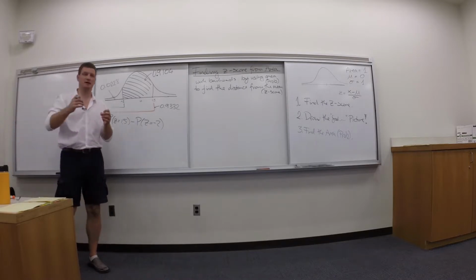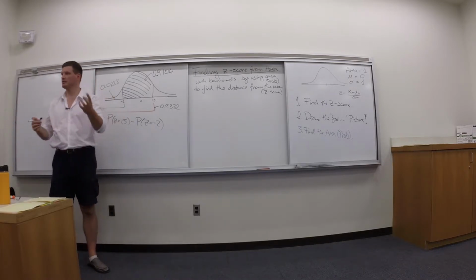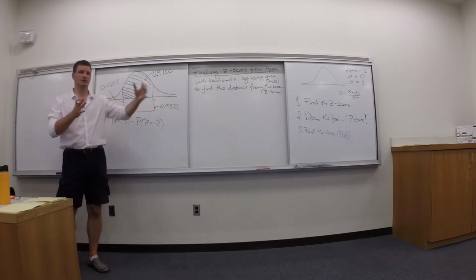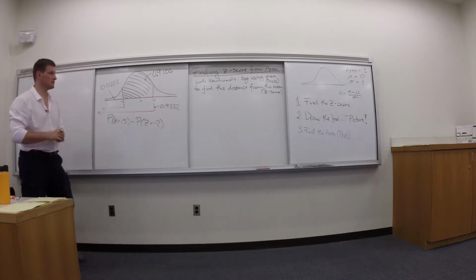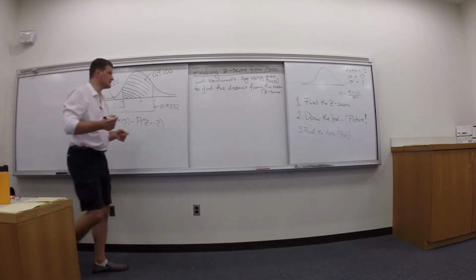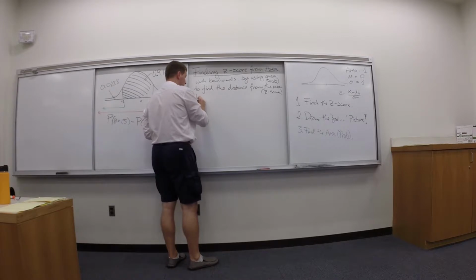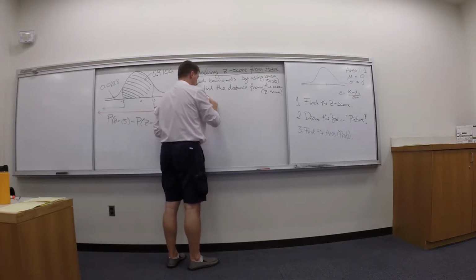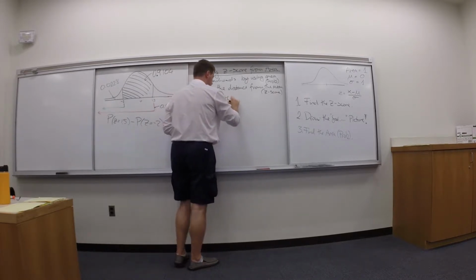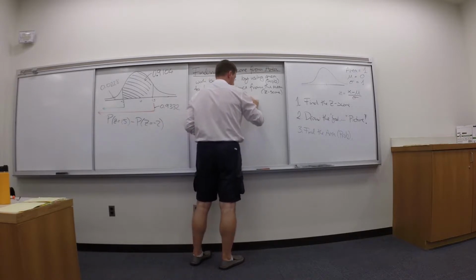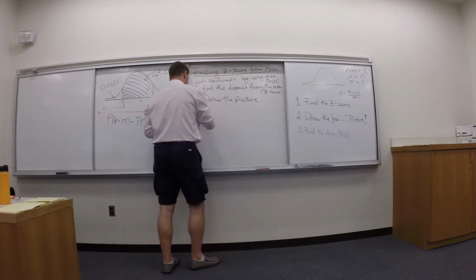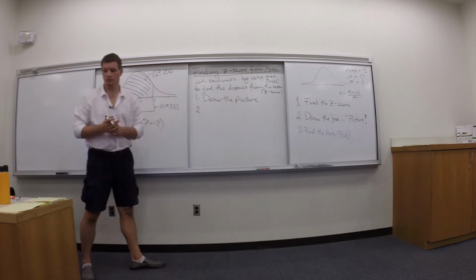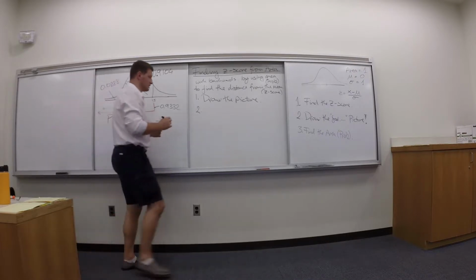The distance a value is away from the mean in counts of standard deviations. How many standard deviations is it away from the mean? Okay. Well, again, steps. We're going to have some steps. Step one will be draw the picture. Step two, I'm going to use the table.